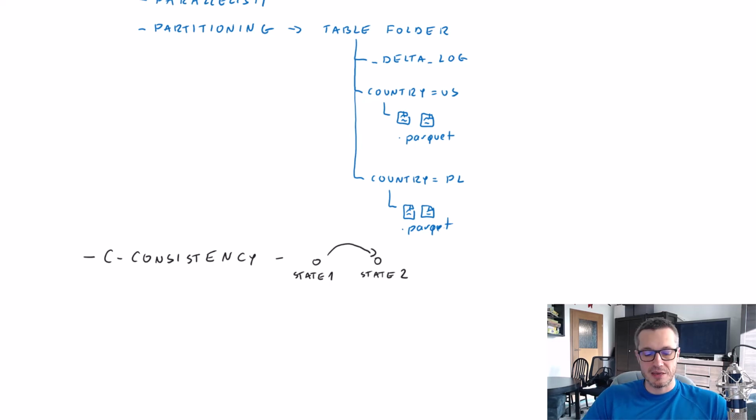So if you have some constraints defined that tell how data should look, it is guaranteed that all of those constraints will not be violated. So data will be consistent. And it is related to the next guarantee, I for isolation.